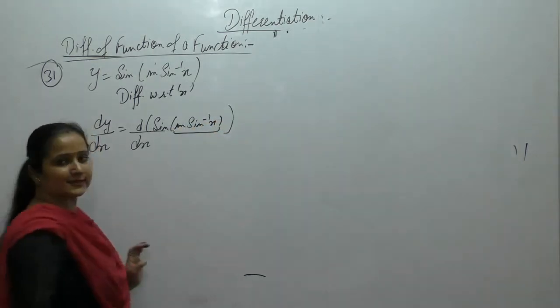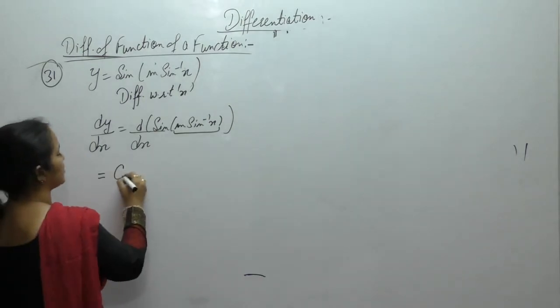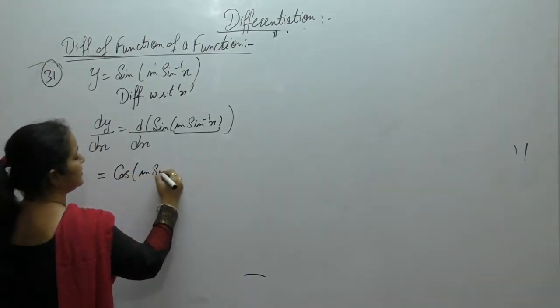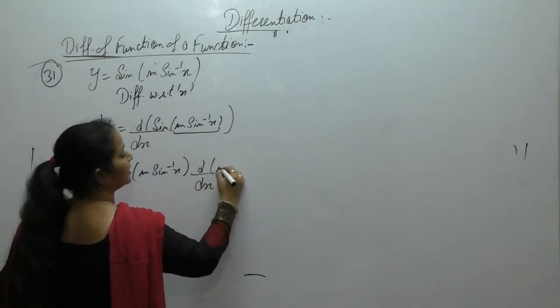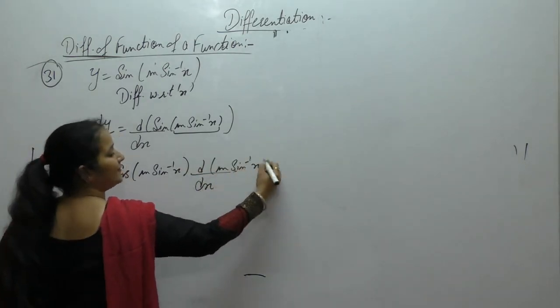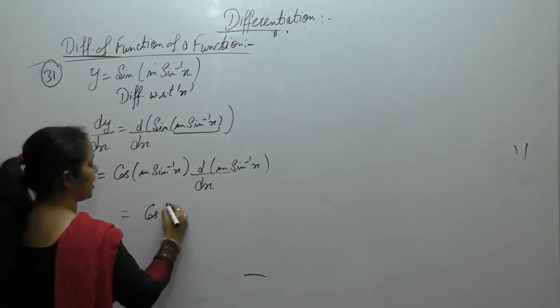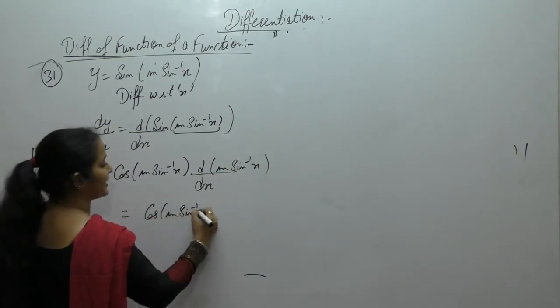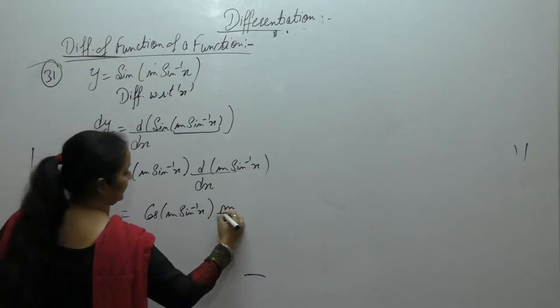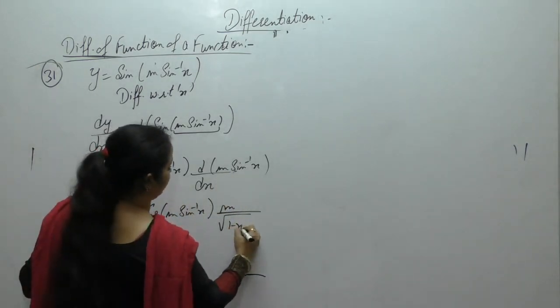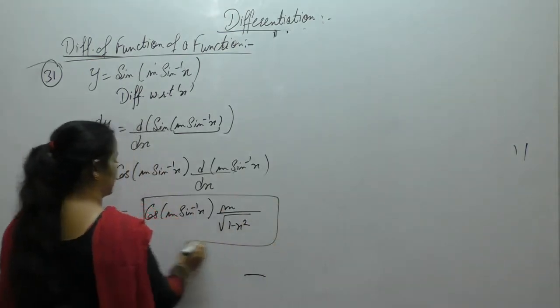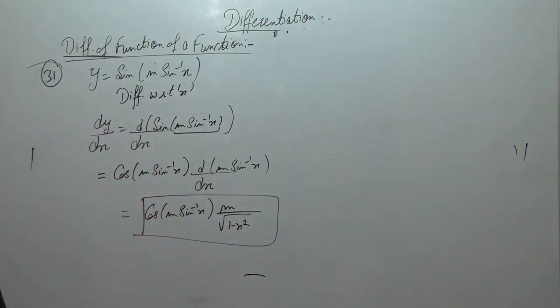Let this be x. Derivative of sine is cos, so cos(m sin⁻¹x), and the derivative of m sin⁻¹x: m is constant, and derivative of sin⁻¹x is 1/√(1 − x²).